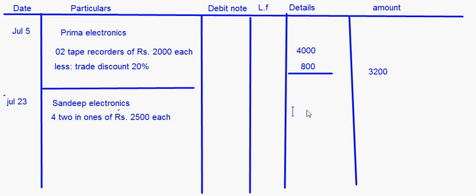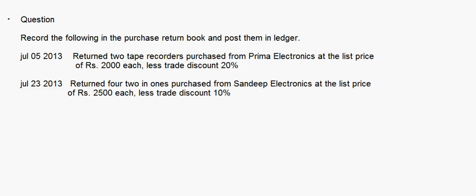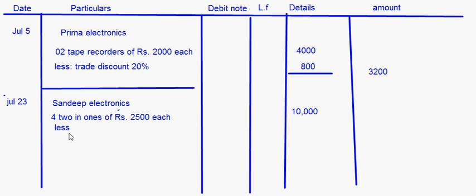So that comes to 10,000, right? And then you have less 10% trade discount, fine. So that is 1000 rupees.